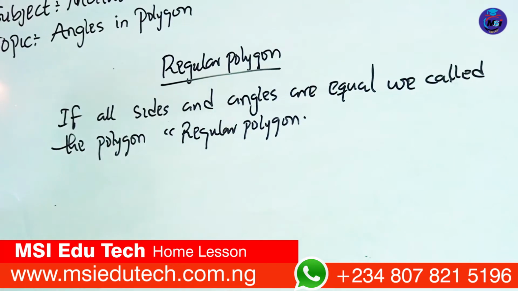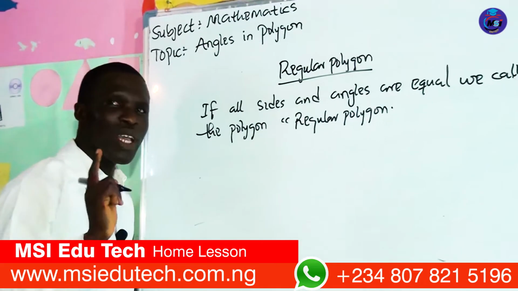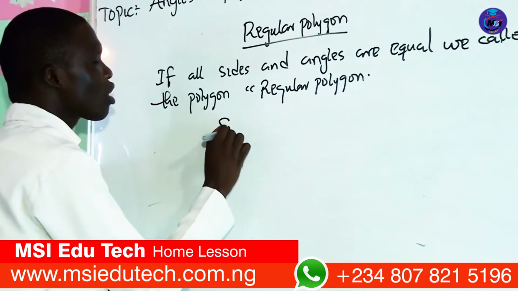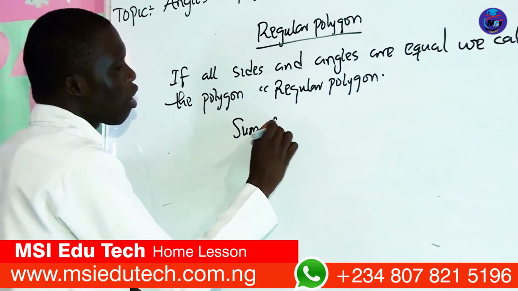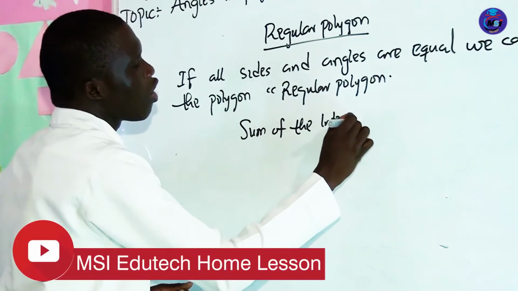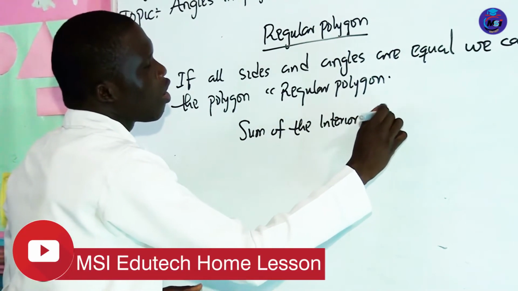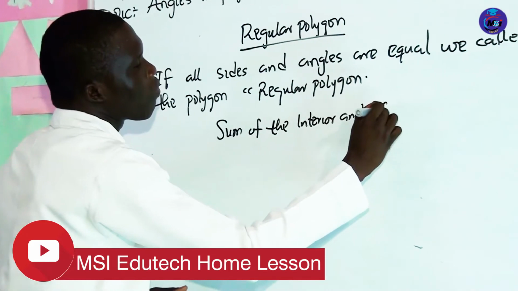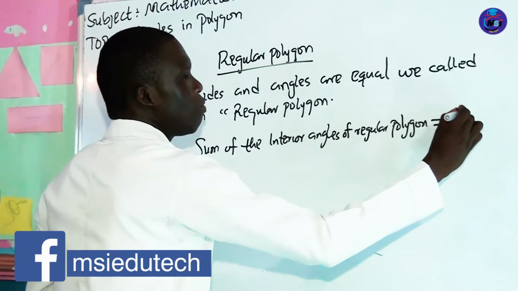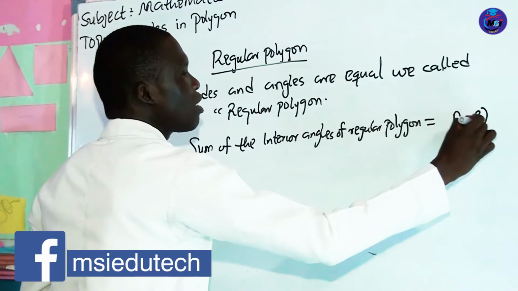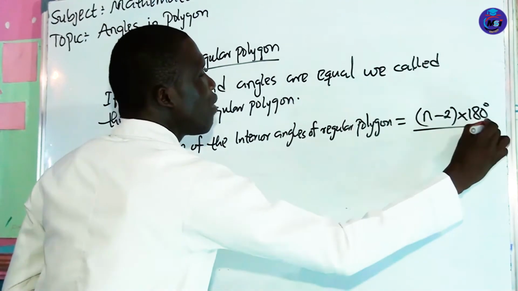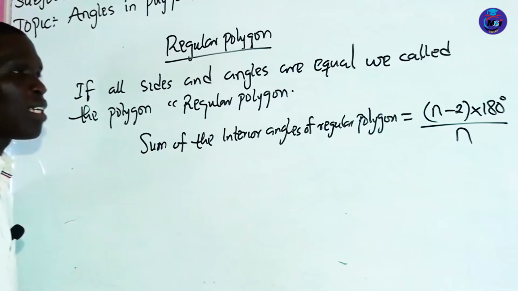Okay, now to find this we have a formula for it. And what is the formula? Sum of the interior angles of a regular polygon is n minus 2, multiplied by 180, you divide it by n.